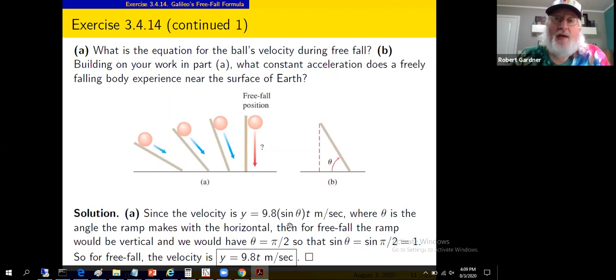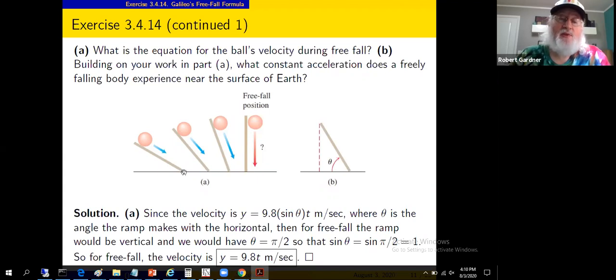We'll fix theta, and then that will determine what we get for this relationship for velocity as a function of time. Free fall, they wanted to know during free fall. Well, during free fall, this angle theta is going to be pi halves, 90 degrees. So the ramp becomes irrelevant when you make it vertical, and then you just have the object free falling.